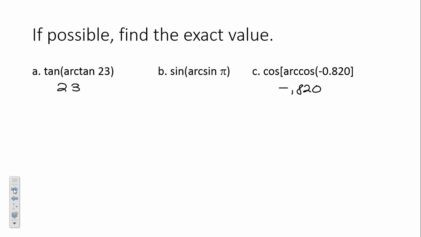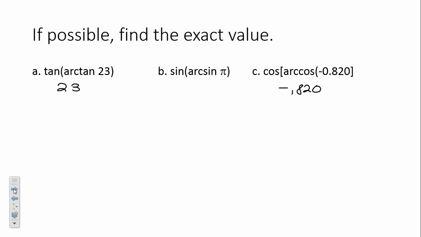Okay. We just have to ask ourselves, we don't want to just immediately put something in here, right? It's possible to figure out what angle has a ratio of 23 for tangent, right? Because tangent gets very, very large. And if we take the tangent of that angle, we're going to get whatever this was.